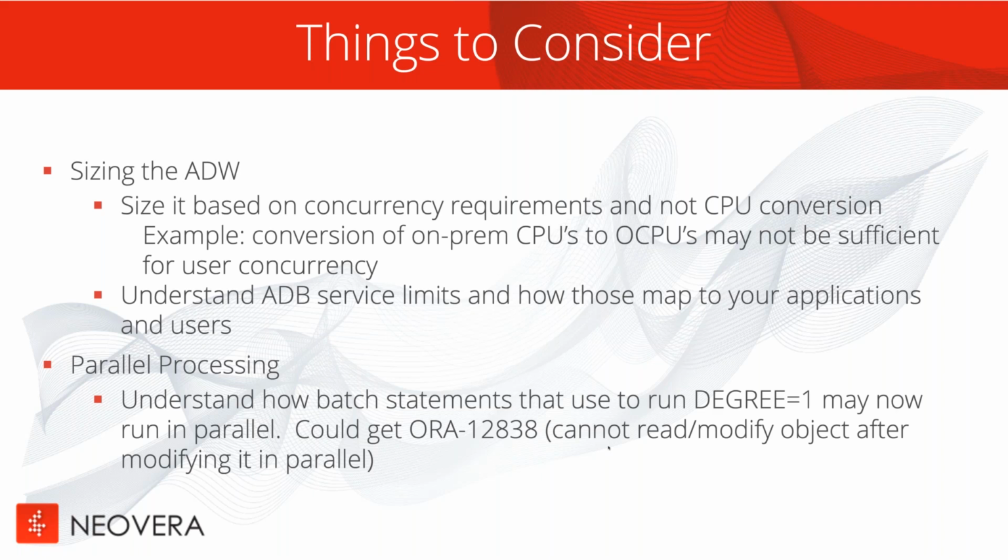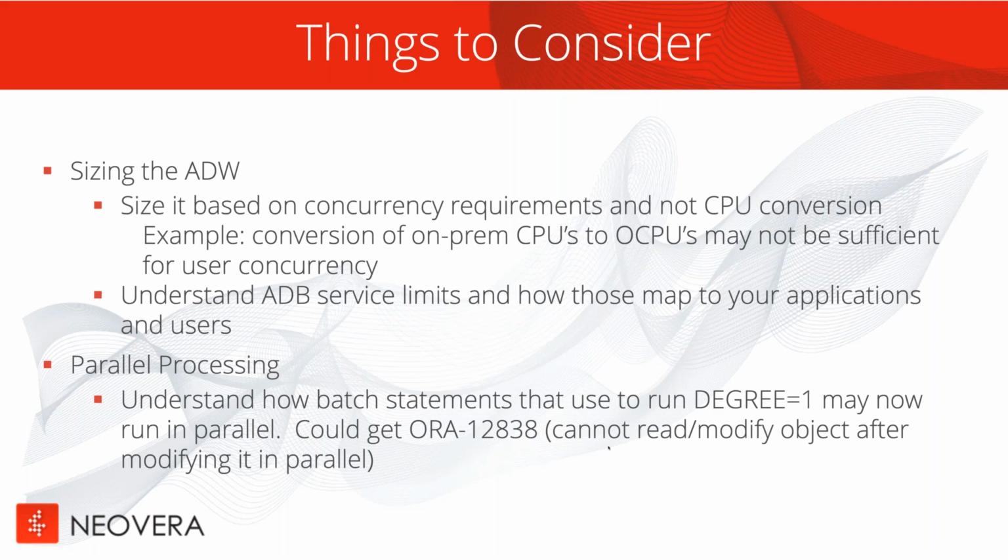So size it based on whatever your concurrency requirements are, not your CPU. It's very typical that you'll start out with, I have 4 CPUs on-prem. What do I need on the cloud provider? And the cloud provider will assist you with saying, okay, you need only 2 in the cloud, or you may need 6 in the cloud, depending on the cloud provider. That's not always the best measurement for the actual usage.